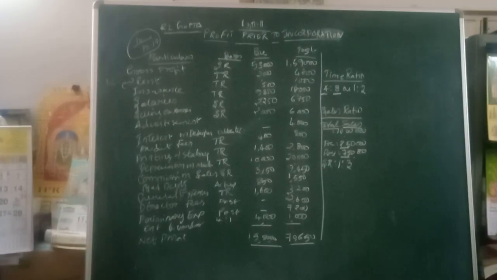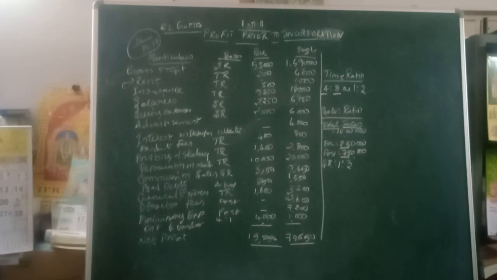And audit fees. Please put a mark on this audit fees also. In the last question, we had taken audit fees only for the post-incorporation period, but I told you in that question itself that audit fees is for both the pre-incorporation and the post-incorporation period. Accordingly, we should take it based on time ratio.